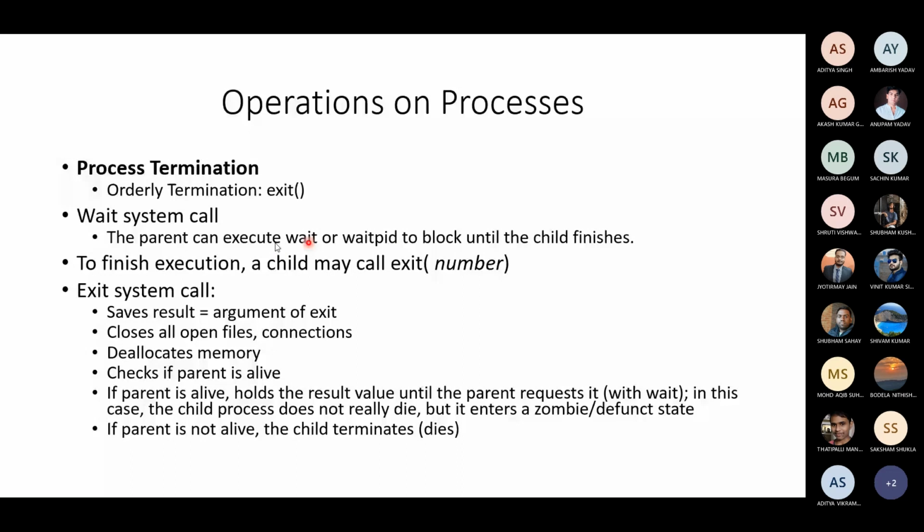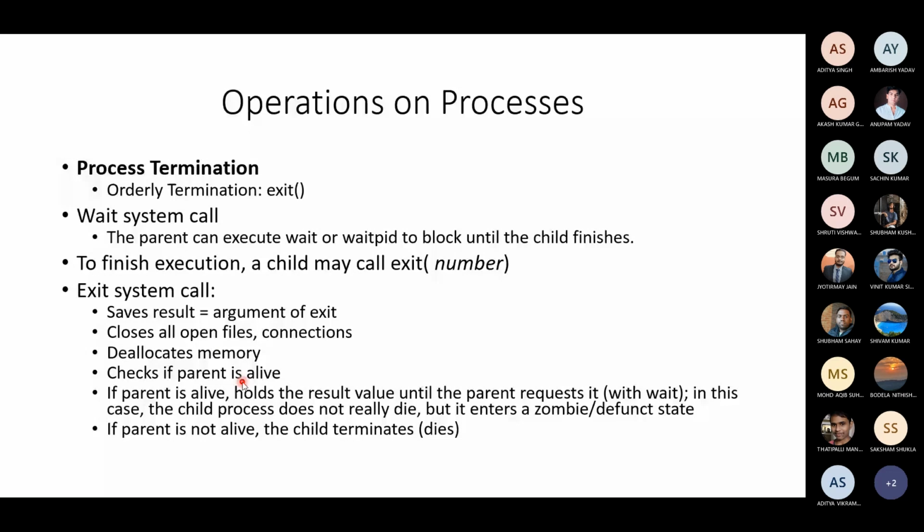In order to avoid the exit, you can make a process wait before it finishes, or you can terminate that process also. So to finish execution, the child may call exit with the process number. Before terminating, it saves the result argument of exit, closes all the open file connections, deallocates the memory, and checks if the parent is alive.